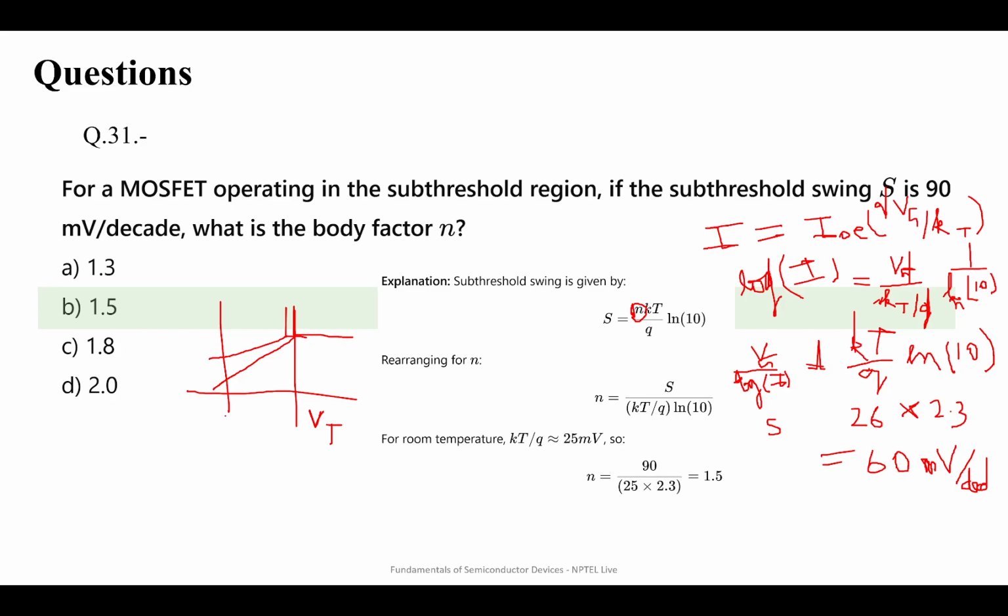So my current at zero is increasing. I want this to decrease as much as possible. I want it to be as steep as possible. But by the thermodynamic limit, it cannot be below 60 millivolts per decade.